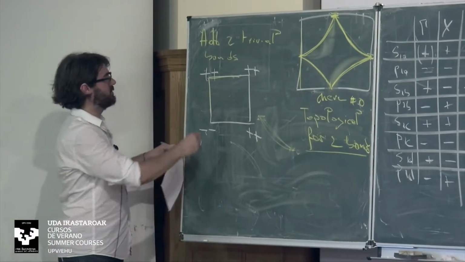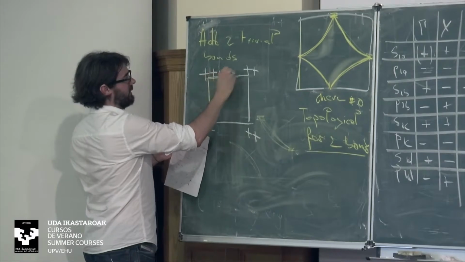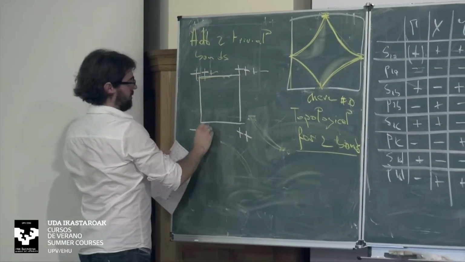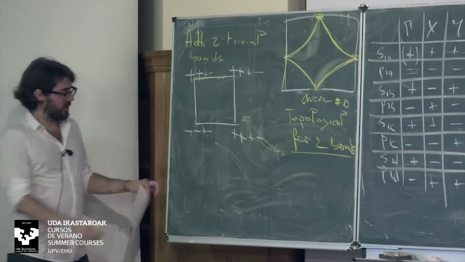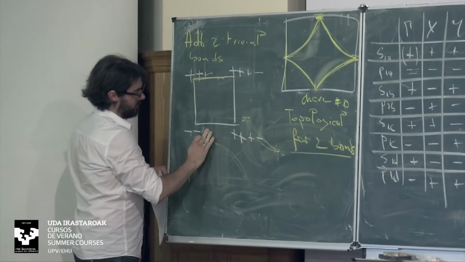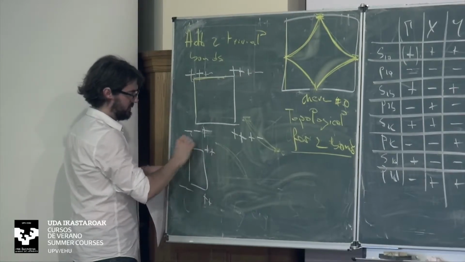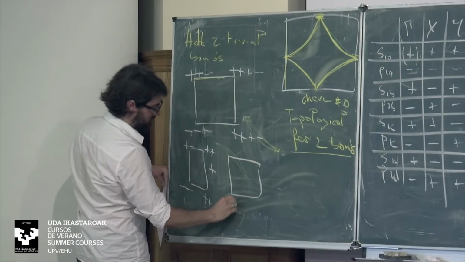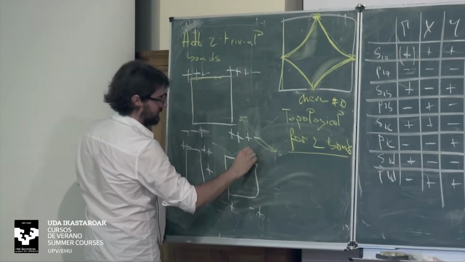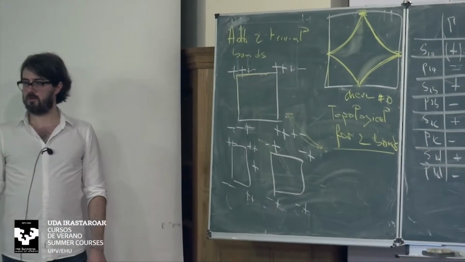And now we're going to add 2 other bands, which have inversion eigenvalue plus minus, plus minus, plus minus, plus minus. So I've added to this system minus minus, plus plus, plus plus, plus plus. I've added 2 bands with minus plus, minus plus, minus plus, minus plus. Yeah?